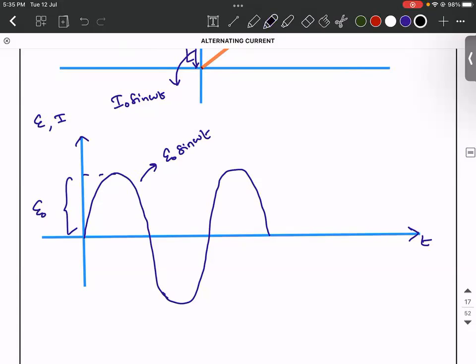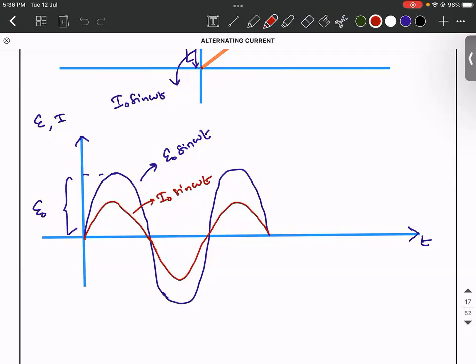Then when you plot the graph for current, it is going to be something like this, where this graph is called I naught sine omega t. The meaning of this is when EMF is attaining maximum value, current will also attain maximum value simultaneously.